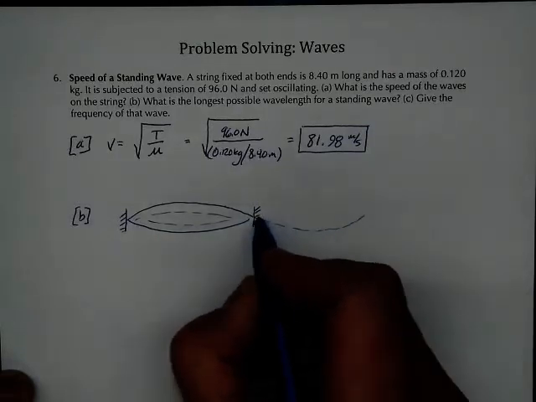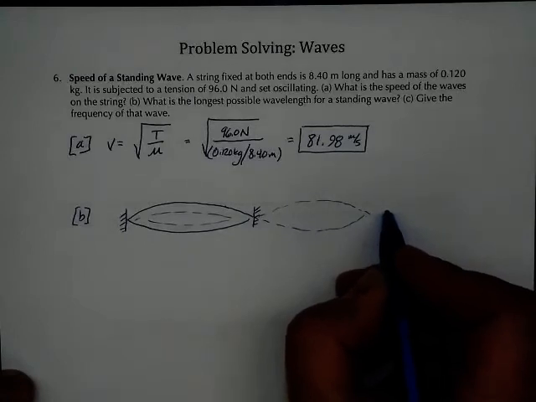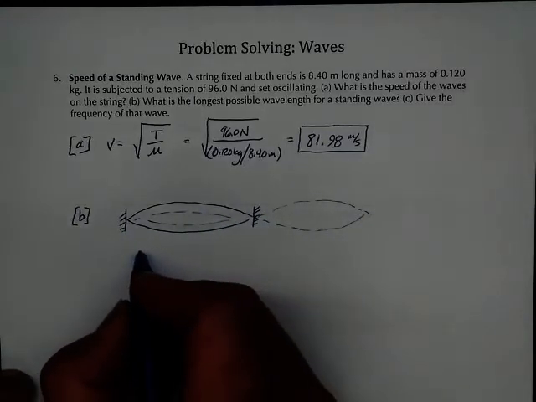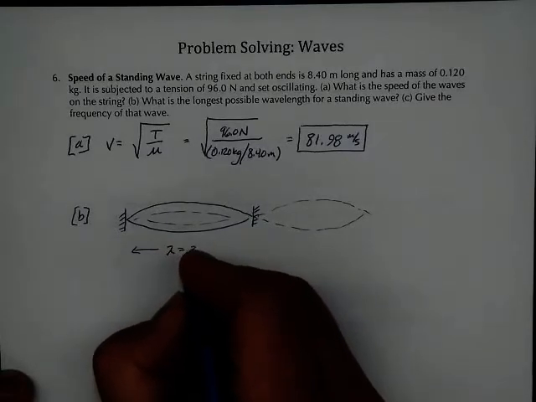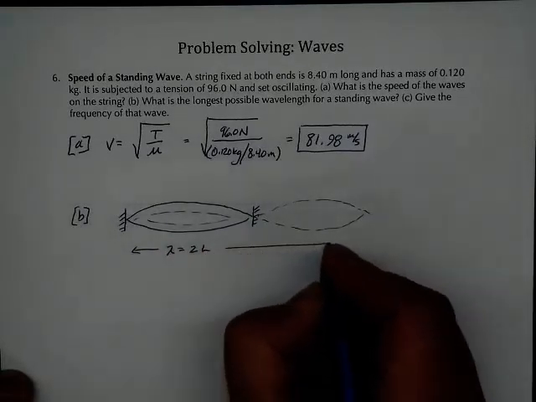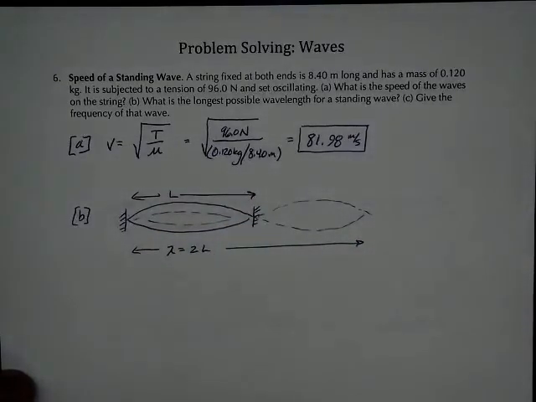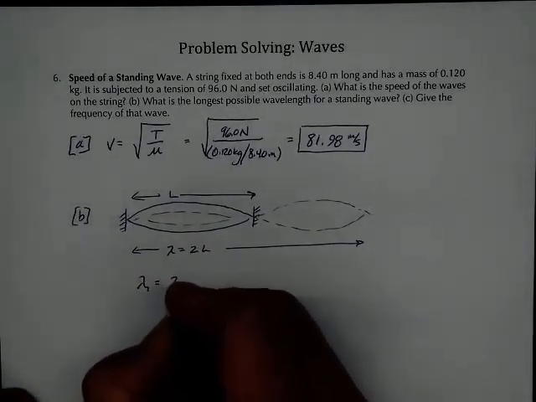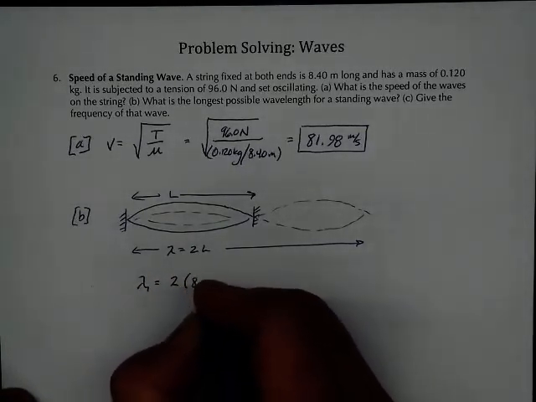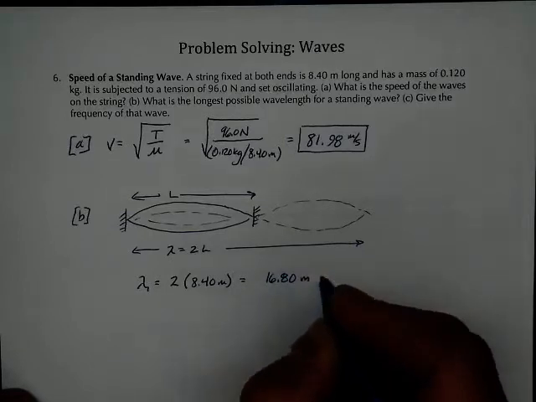You have to stretch it imaginarily over here to get the full wavelength of that wave, which means in this case the wavelength is equal to 2 times the length of this gap, if this gap is some distance L. And that means the wavelength of this mode is 2 times the 8.4 meters, and that is 16.8 meters.